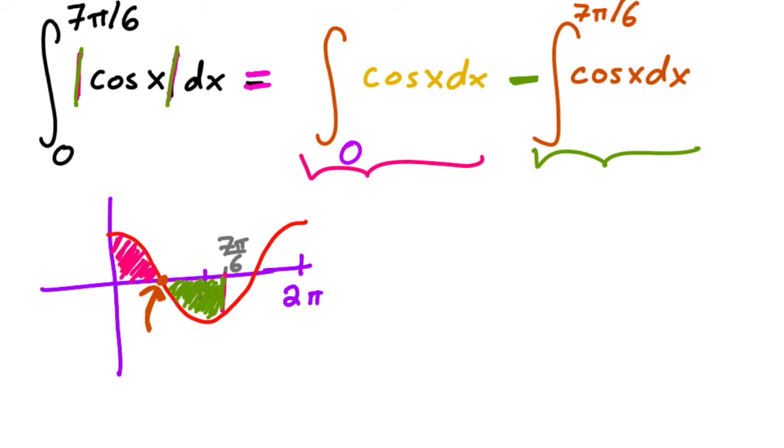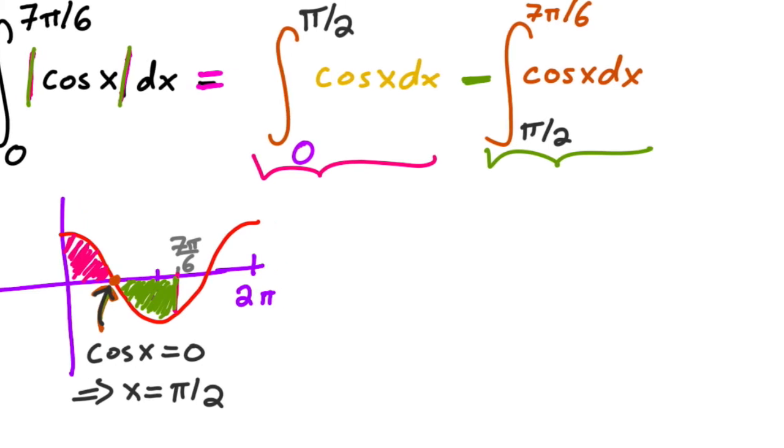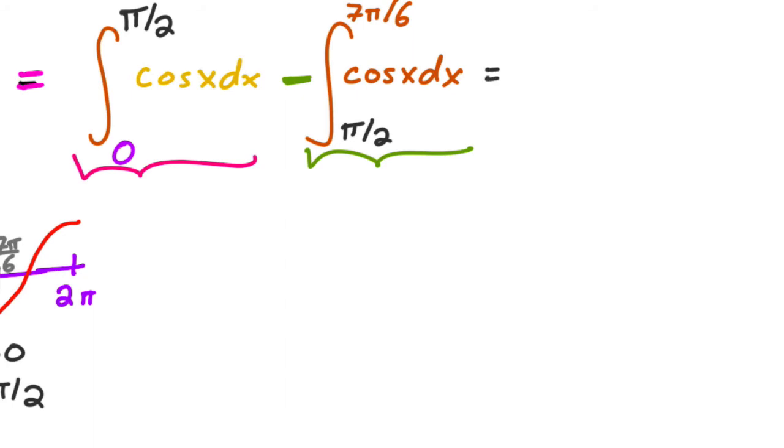So to find this point, that point is basically where cosine is equal to 0, or in other words, when x is equal to pi over 2. And so that's where you split it up, and that's what this limit of integration is right there. Okay, so now that we have that, we can just find this.